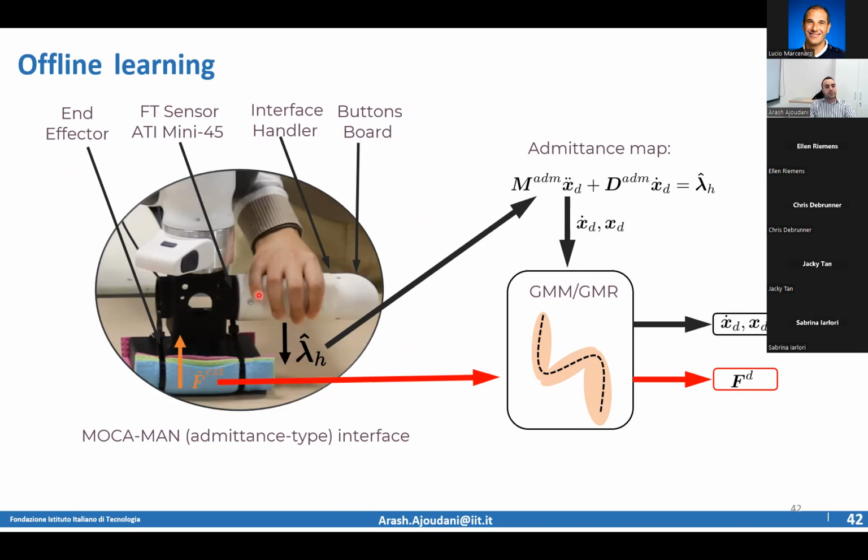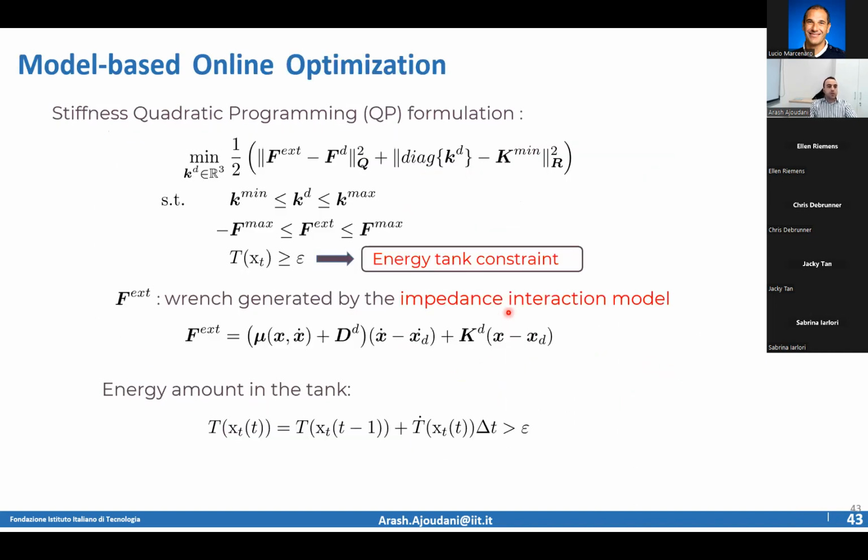So we created this admittance-based interface where the person can apply forces and the robot moves according to the forces that are applied. And we learn forces, but in the end, what is really nice is we replicate those desired movements and forces through an optimization, which is this one. This is the external forces that the robot can detect when it interacts with the environment.